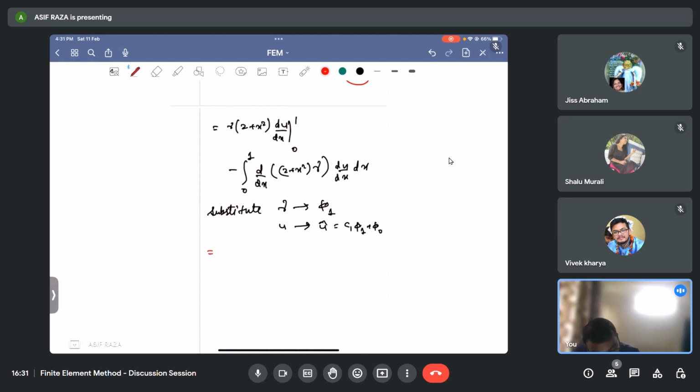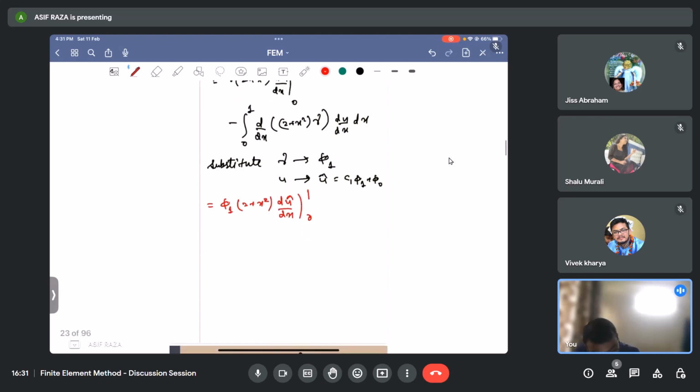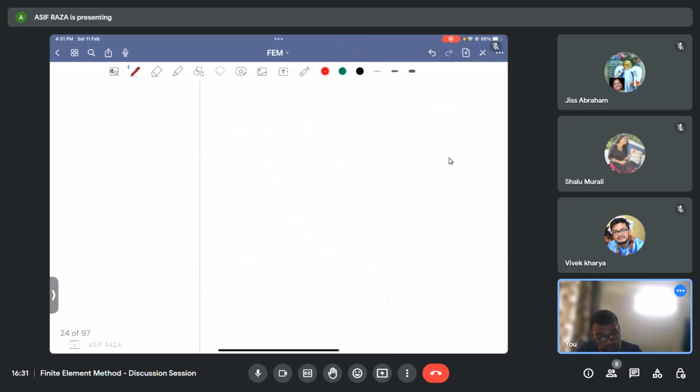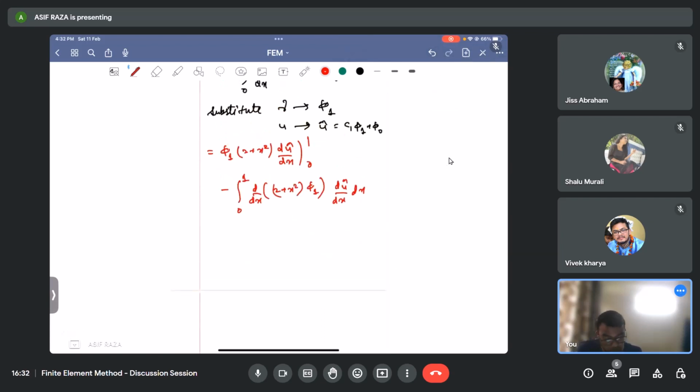That will be equal to phi 1 times 2 plus x square du hat by dx from 0 to 1, minus 0 to 1 d by dx of 2 plus x square, where gamma is phi 1, du hat by dx as an integrated sense. Okay, now we'll substitute phi 1 also.